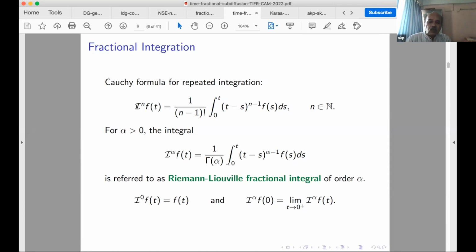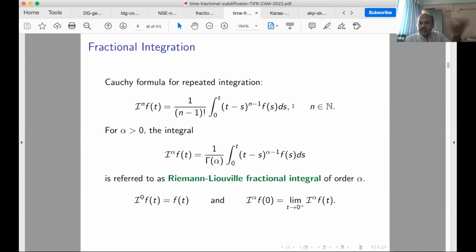Likewise, you define I^n f(t), n a positive integer, as 1 over (n minus 1) factorial times the integral from 0 to t of (t minus s)^(n-1) f(s) ds.